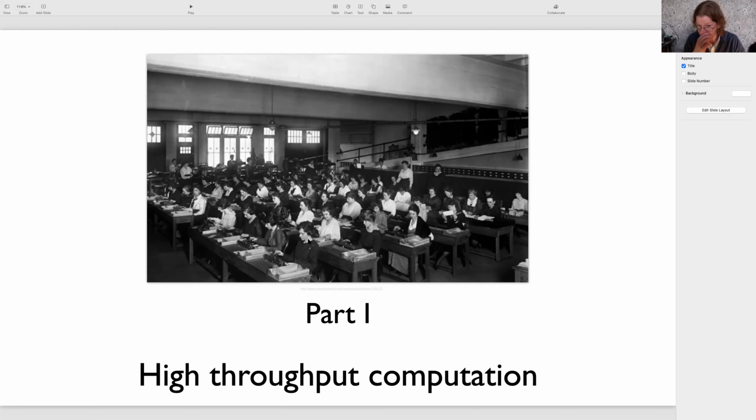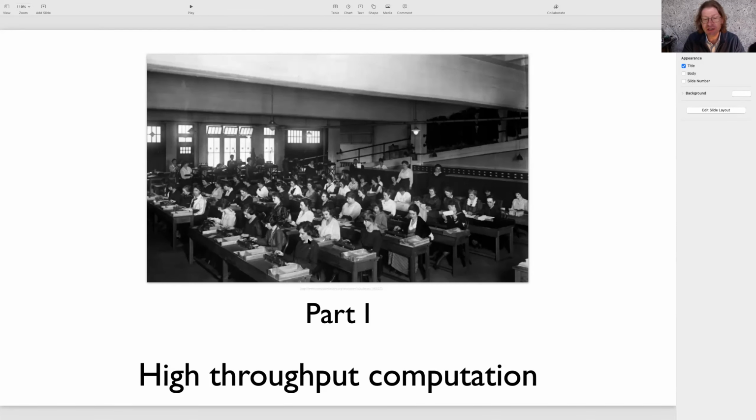So this actually illustrates high throughput or parallel computation. You could imagine that each of these computers were working together on a big problem, and that problem was broken down into small pieces, and they're all getting a little fragment of the problem into their in trays. They do a little fragment of the calculation, and then they put it in the next tray, and then the people run up and down between them and collect them together, and then decide who those results should go to for the next step in the calculation.